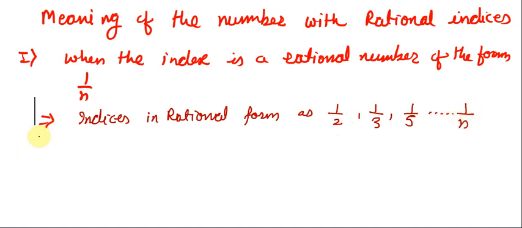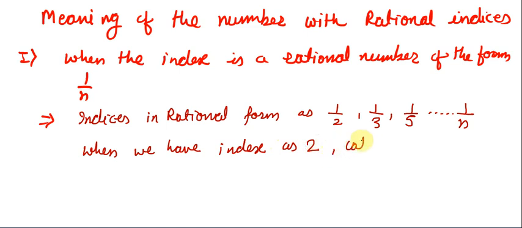Then we show when we have index as 2, we call it square.